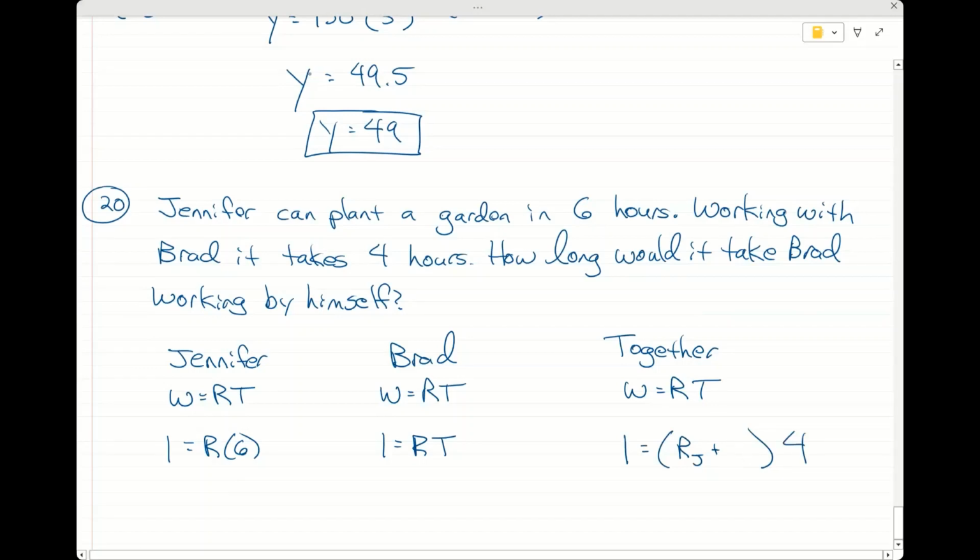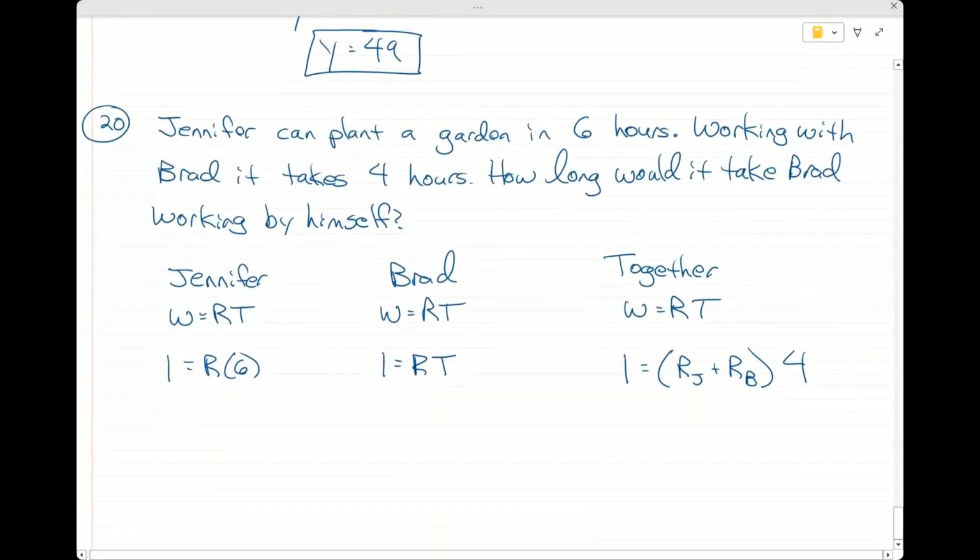So we just have to do some moving around of the variables. Looks like Jennifer's rate would be R is equal to 1/6. So it's a sixth of a job in 1 hour. If we do the same thing with Brad, it'd be 1/T.